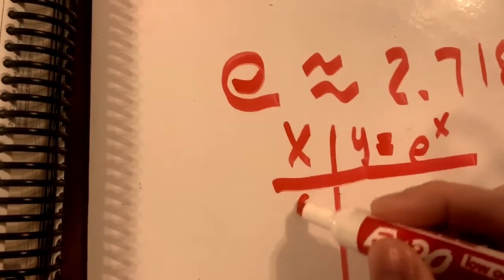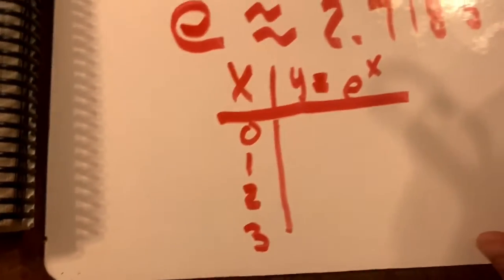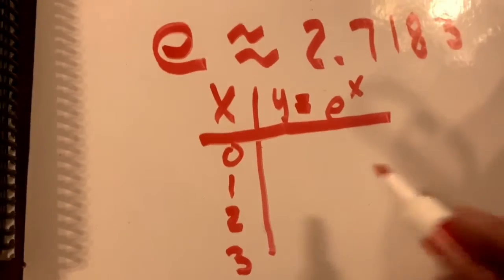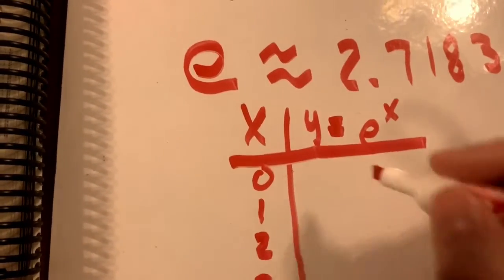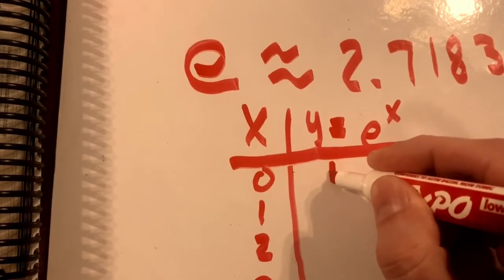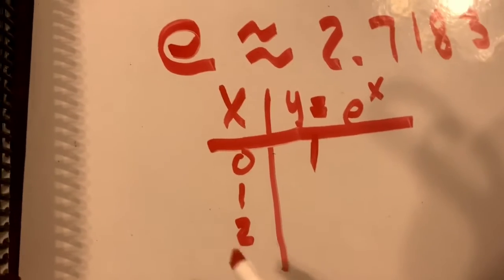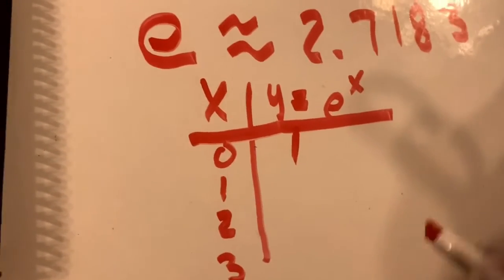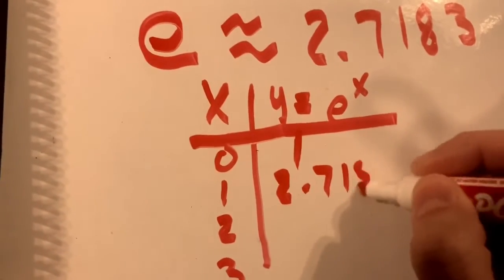So if x is 0, 1, 2, or 3, we want to figure out what we get for our output, our y value. Well, if x is 0, e to the 0 power, anything to the 0 power, the exponent rule tells us, is 1. Now, if I put e to the first power in my calculator, I'm going to get approximately 2.7183.